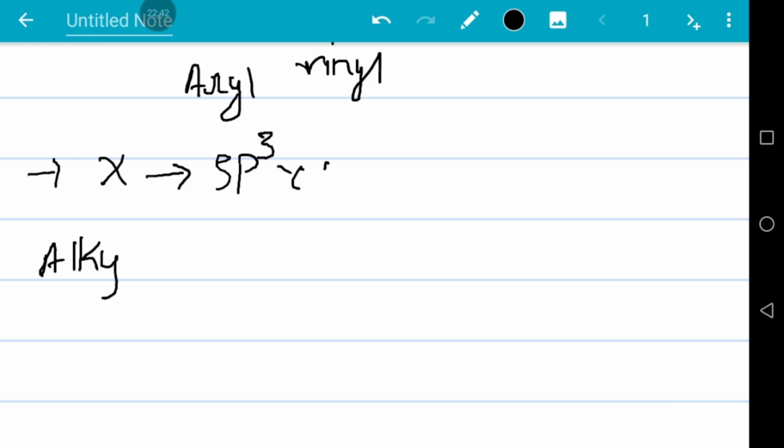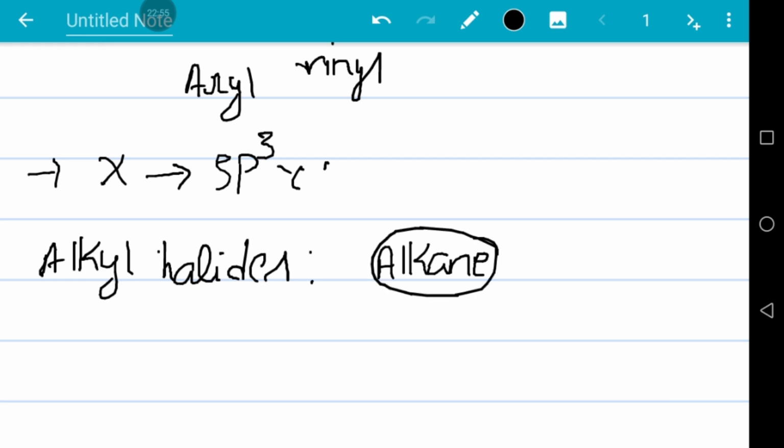Already we discussed it. In an alkane, when hydrogen is replaced by halogen, we get the alkyl halide. So this is one more definition of alkyl halides. For example, CH3CH2Cl.